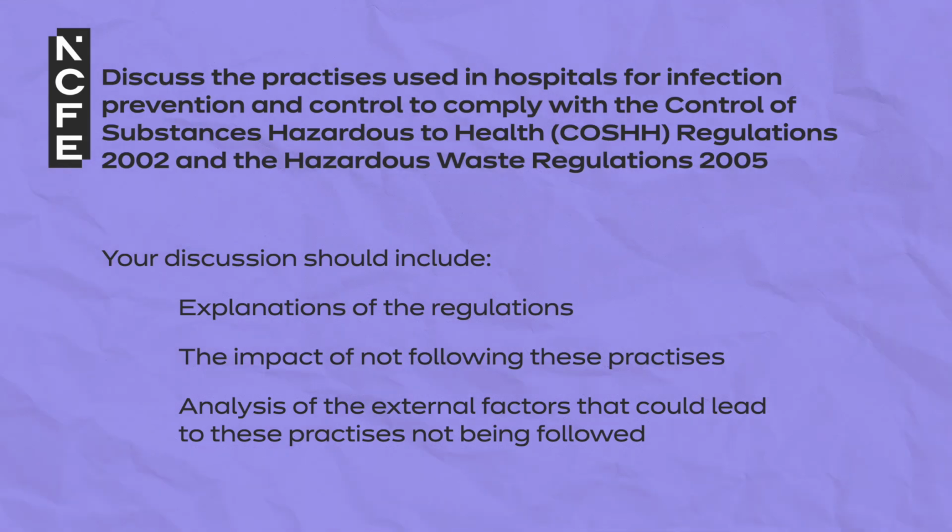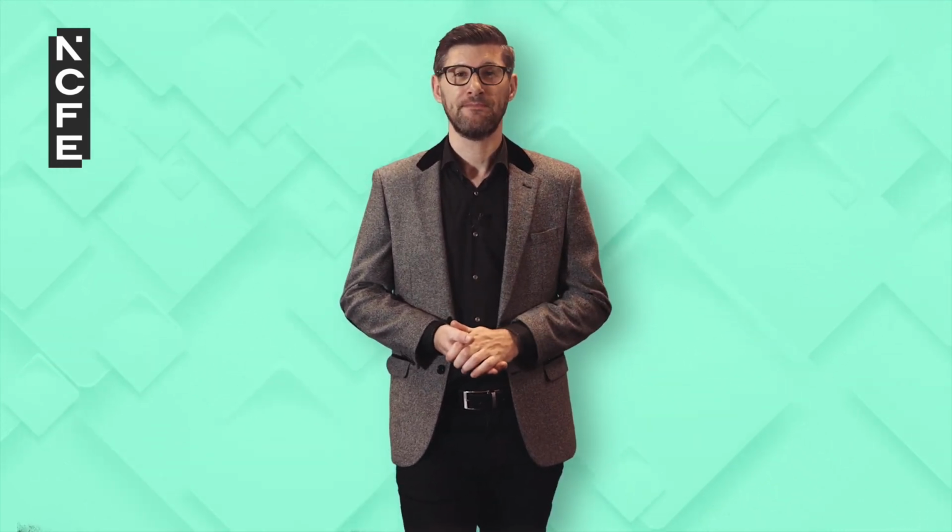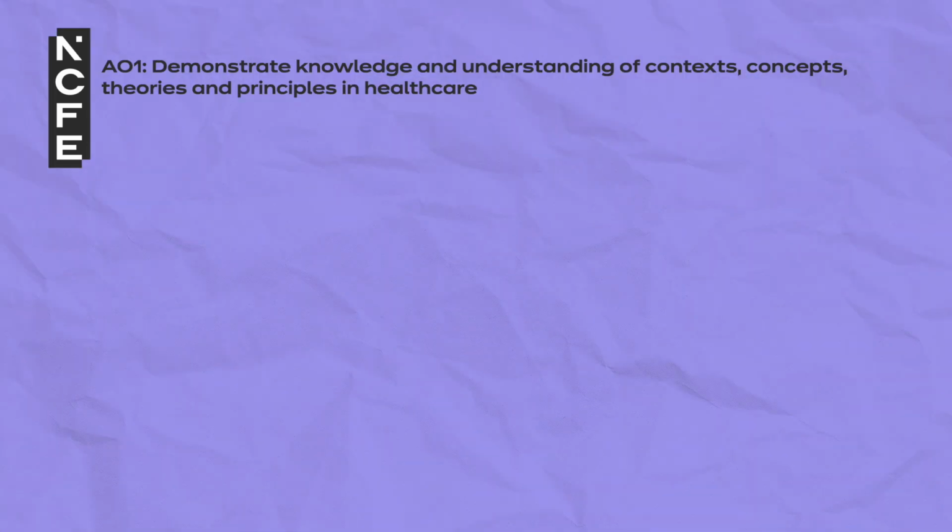This is an extended response question in relation to infection prevention and control in healthcare. It's a 9-mark question plus 3 marks for quality of written communication. The following assessment objectives are covered in the question. AO1. Demonstrate knowledge and understanding of context, concepts, theories and principles in healthcare.